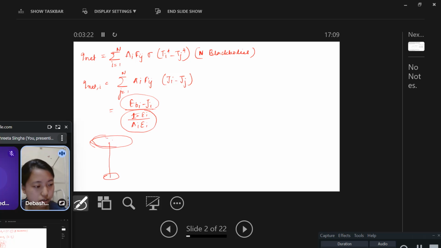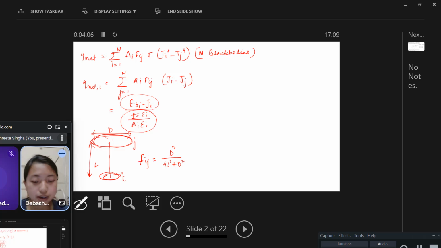If these are the two coaxial disks, this is i, this is j, then Fij will be equal to d square by 4L square plus d square. Now L is the distance between the two disks, and d is the diameter of the larger disk.